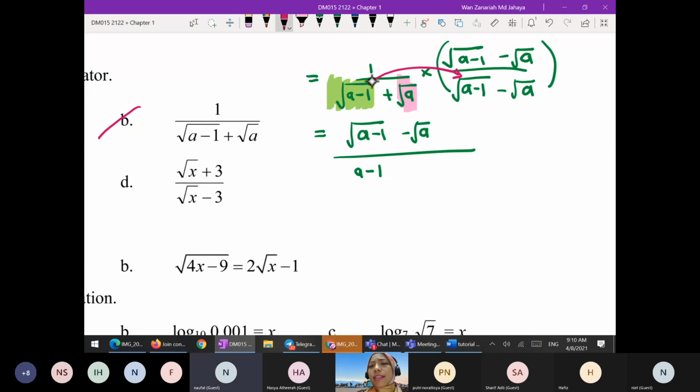Okay, now set A minus 1 times set A. So that is basically everything, the whole thing. So set A minus 1. Plus ke minus? Minus. Yes, hati-hati ni minus ni. So mesti minus set A minus 1.